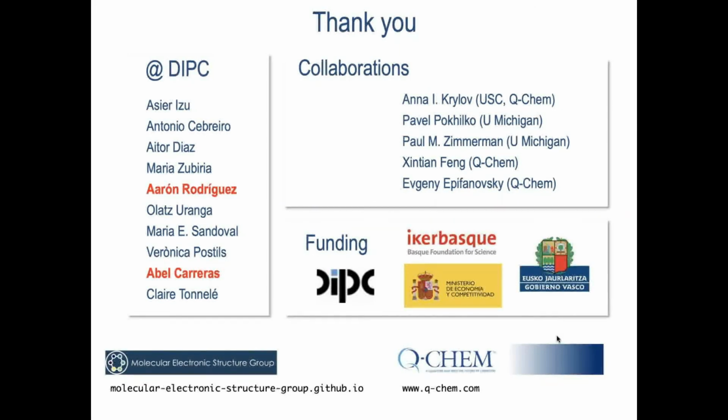The idea is to have a method that does not need to go to a very large RAS2 space, but this is the bottleneck. Computationally, it is the size of the RAS2 space, which means the memory that we need to allocate for these CI vectors.